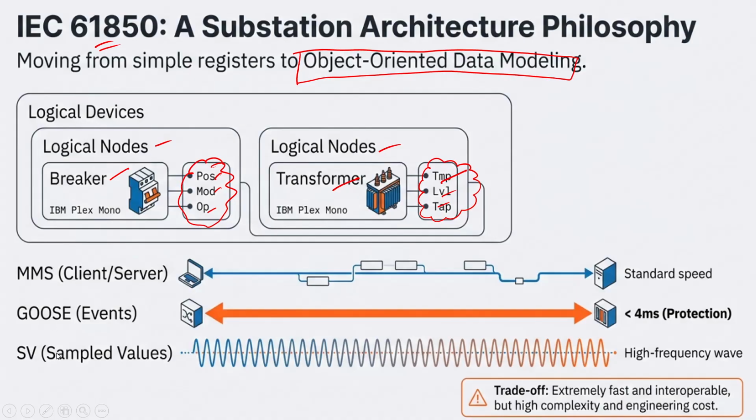These are the latest protocols that you can find in the latest substations, or any electrical installation, or renewable installation, IEC 61850, right? Yeah, this is one of the protocols.